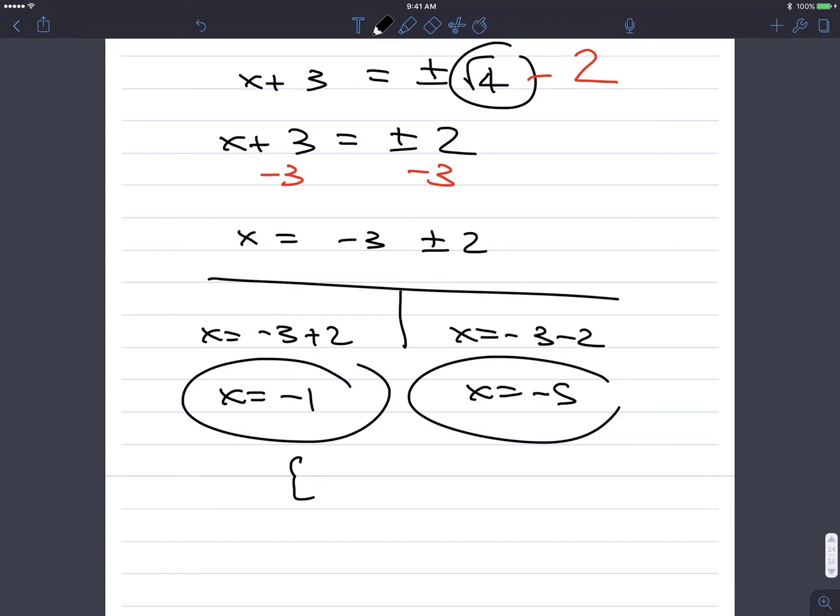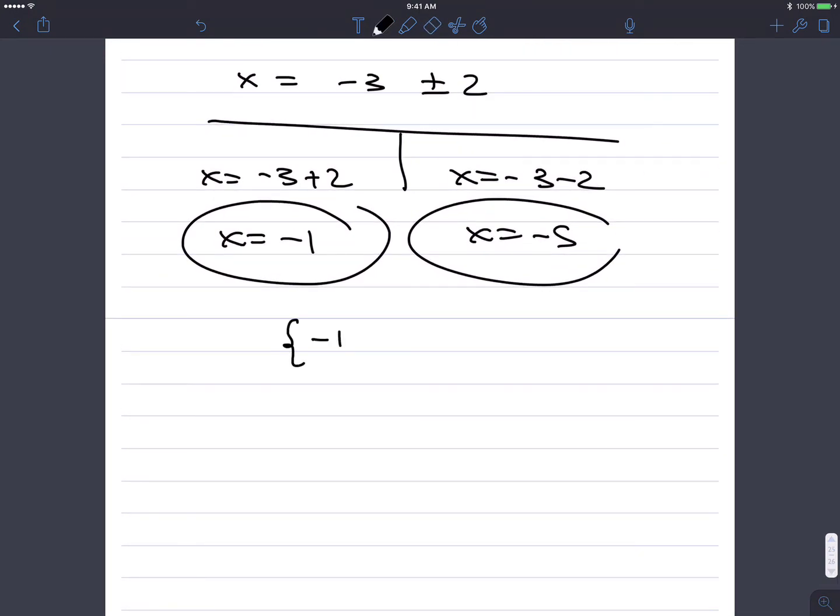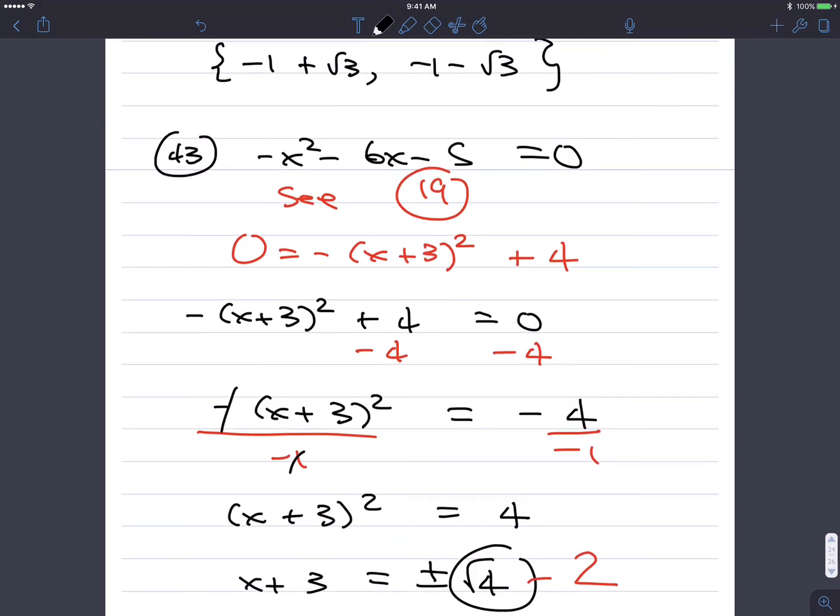Solution set, negative 1 comma negative 5. Here are my solutions. And that's going to be what we have for problem number, oh, which one is that? It's 43.